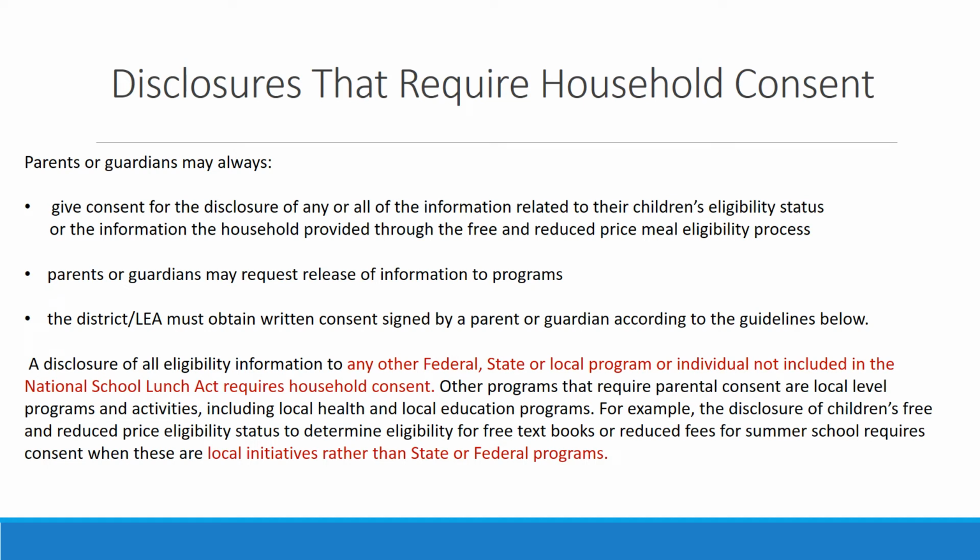For example, the disclosure of children's free and reduced price eligibility status to determine eligibility for free textbooks or reduced fees for summer school requires consent when these are local initiatives rather than state or federal programs.